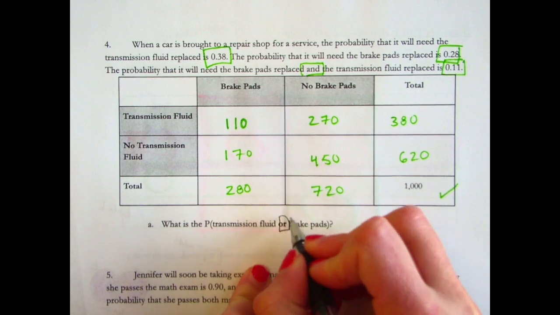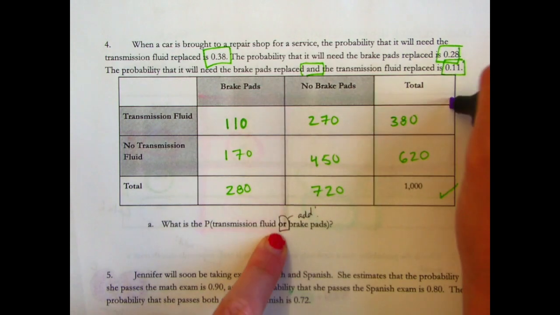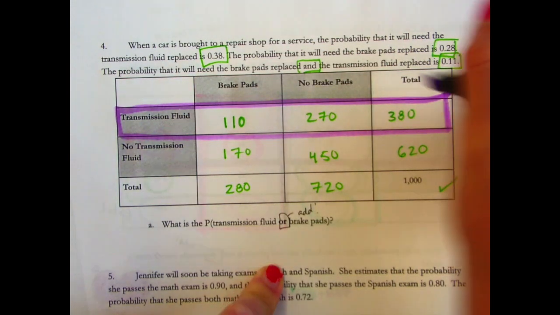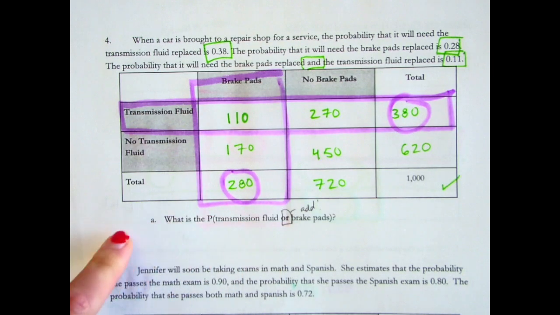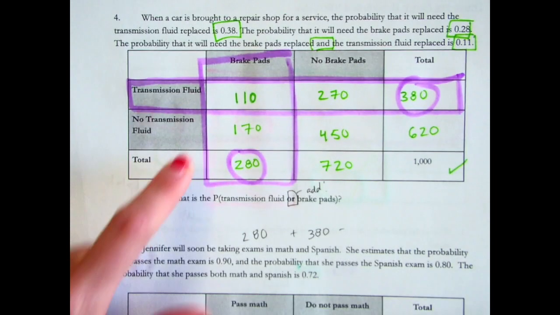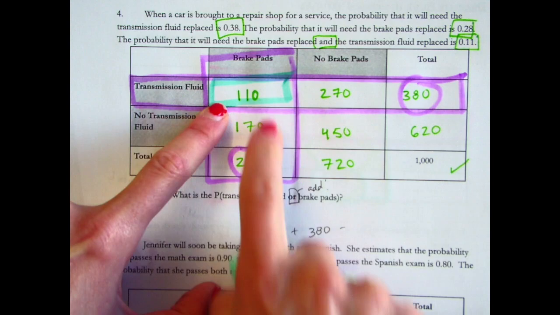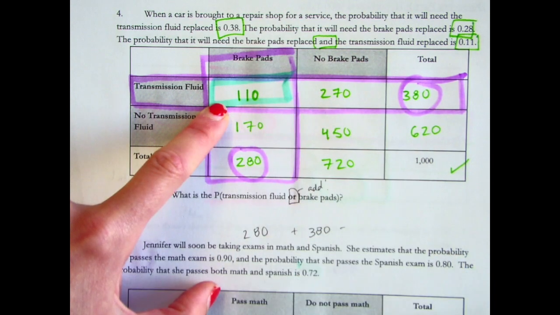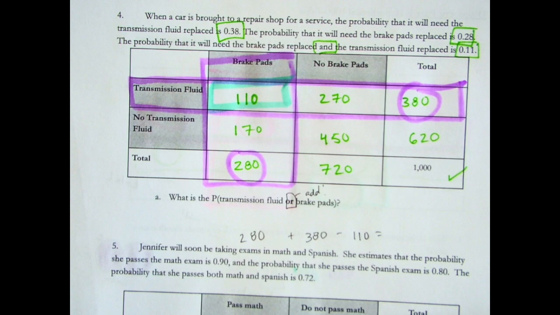So you need to subtract the intersection of 110 to get 550. Then you'll take the 550 and divide by the total in the table, which is 1,000. So write the probability up here. The probability of transmission or brake is going to be equal to 550 over 1,000.